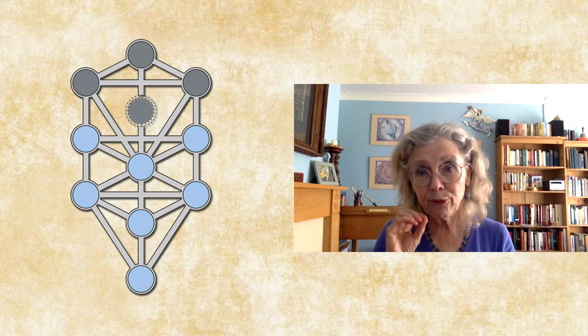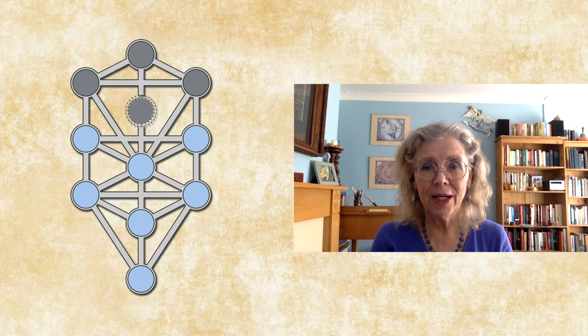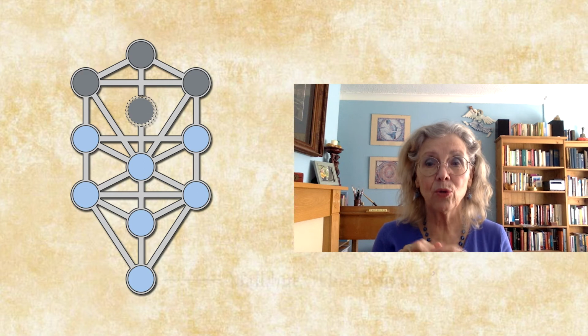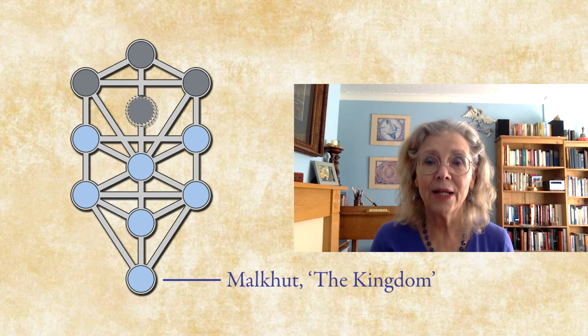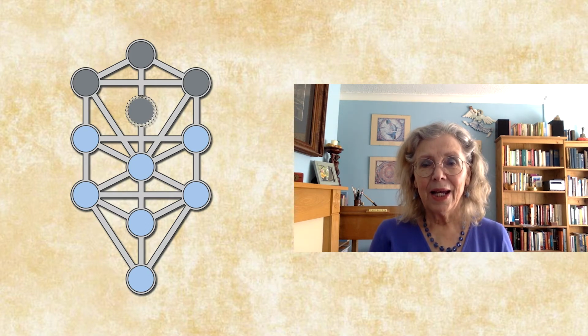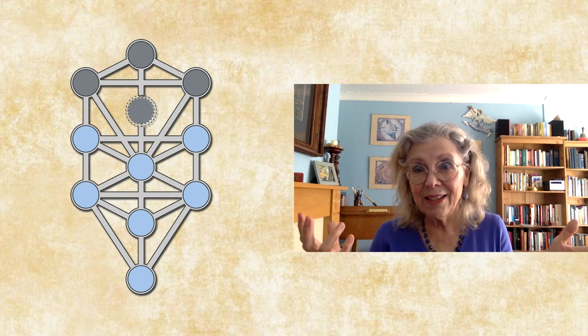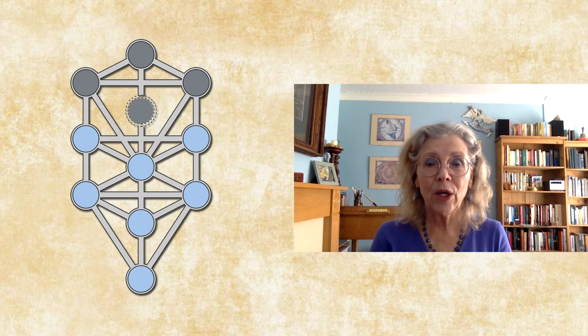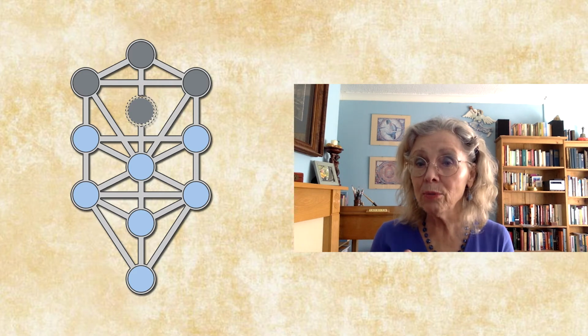So right at the foot of the tree is a sephirah called Malchut, and that is generally translated as the kingdom. Of course, the word king is very masculine. We could call it the place. We could call it homeland.